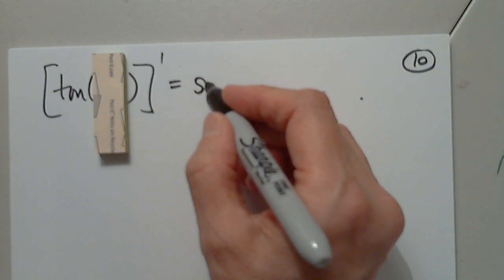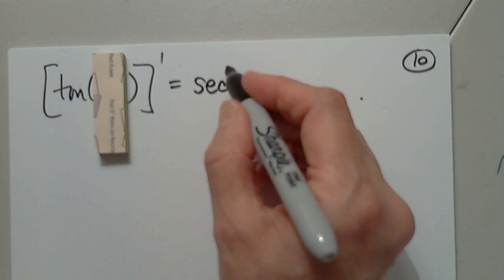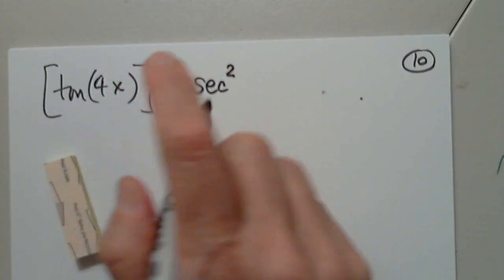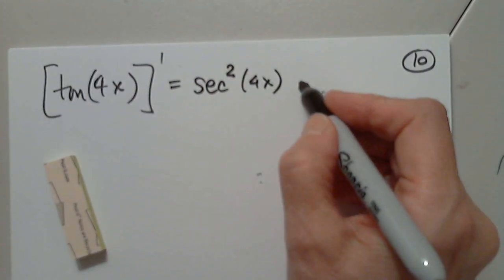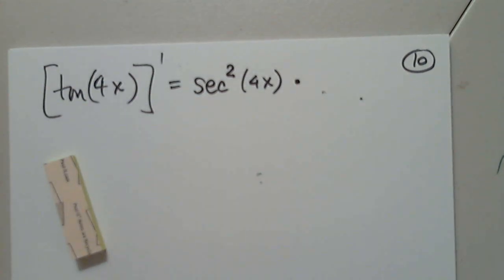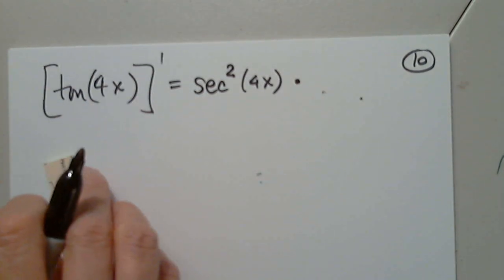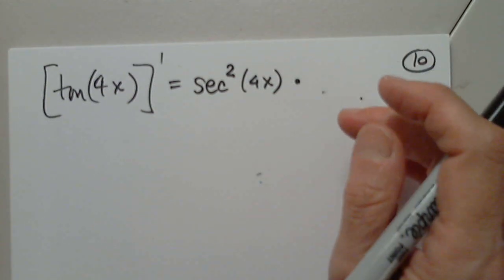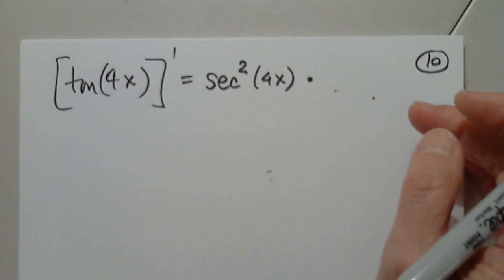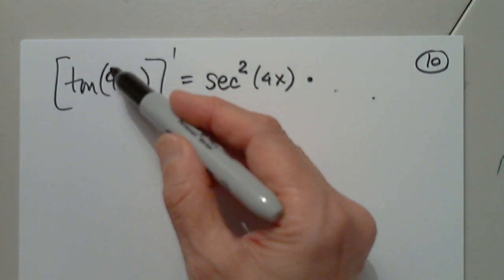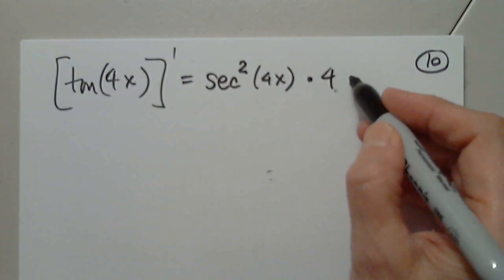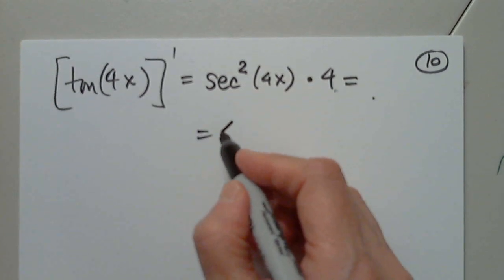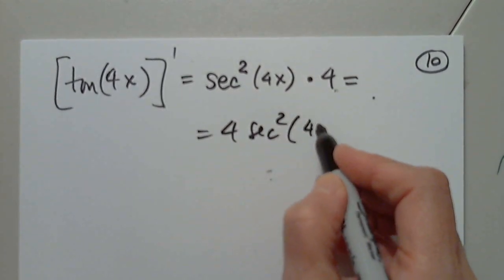Secant squared of this. I know this is from today. Times the inner function prime. Can anyone give us the inner function prime? Times 4. That's it. Of course, I'll put it in front. And that's it.